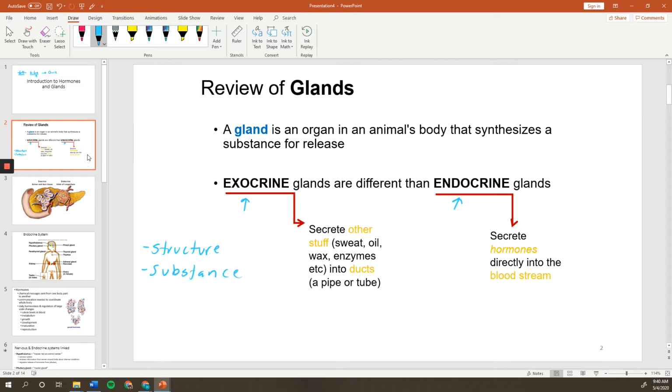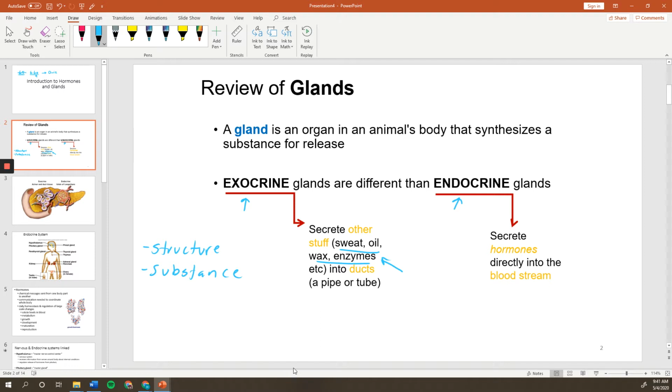So exocrine glands: you can see sweat, oil, wax, enzymes. We talked about enzymes when we talked about exocrine glands and the pancreas in the digestive system. A ton of different digestive enzymes there.